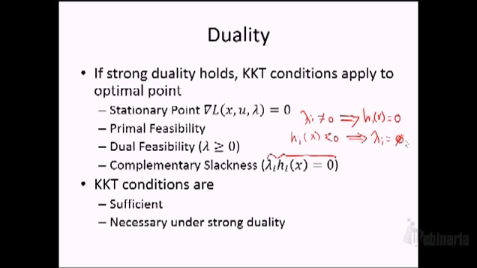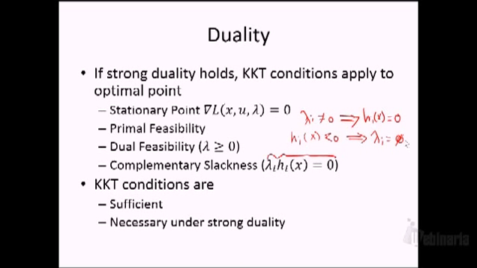One important thing to note is that KKT conditions are always sufficient, but they are necessary only under strong duality. In many situations, we design optimization algorithms that search for points that satisfy KKT conditions. So we use KKT conditions as a characterization for optimality.